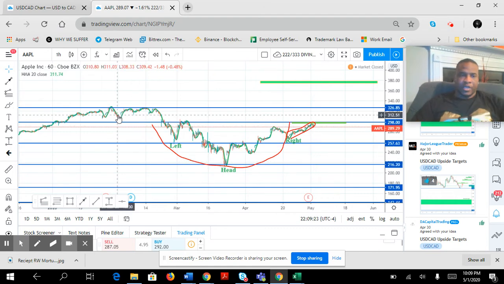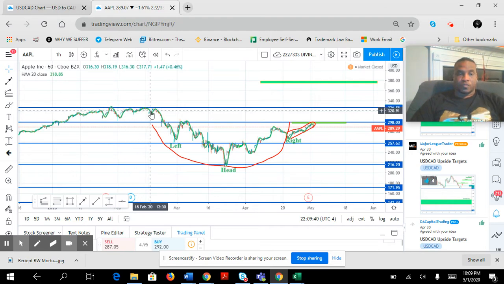Let's look over here. Even as I zoom out, what do you see? You see a head, left shoulder, right shoulder. Now it came back up here, and this head and shoulders will be in play as long as you do not break this area.